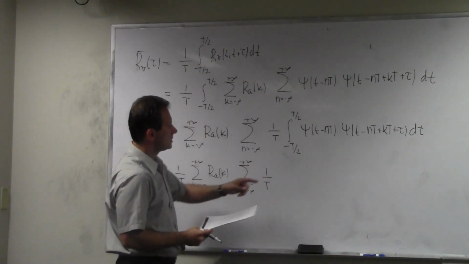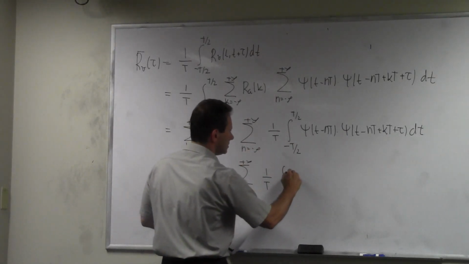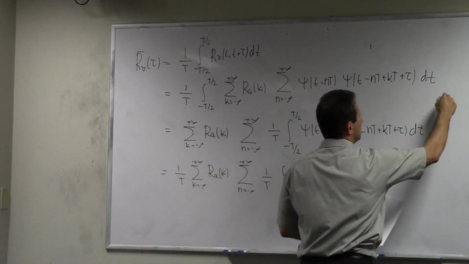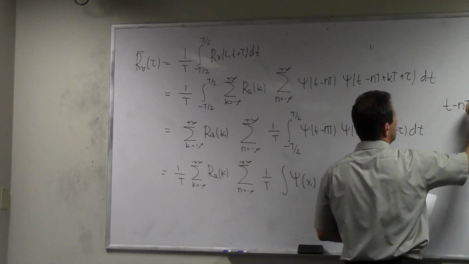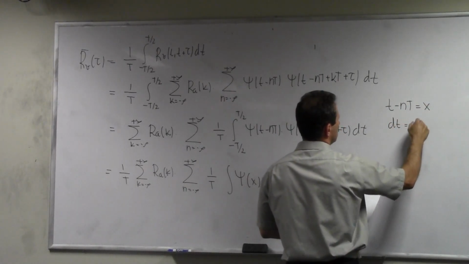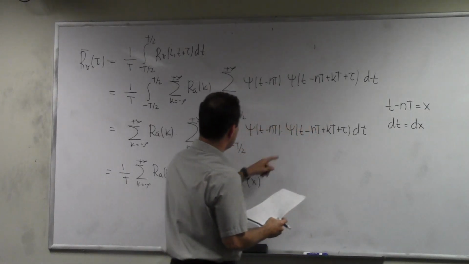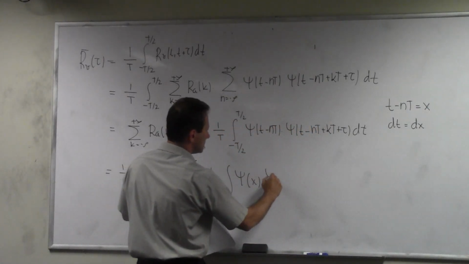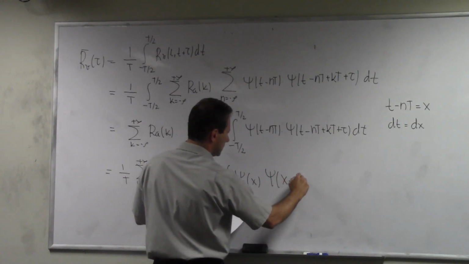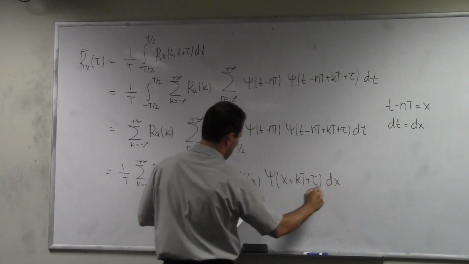Now, if I call t minus nT equal to x, so this becomes psi of x, then dt is equal to dx. And this becomes psi of x plus kT plus tau dx.